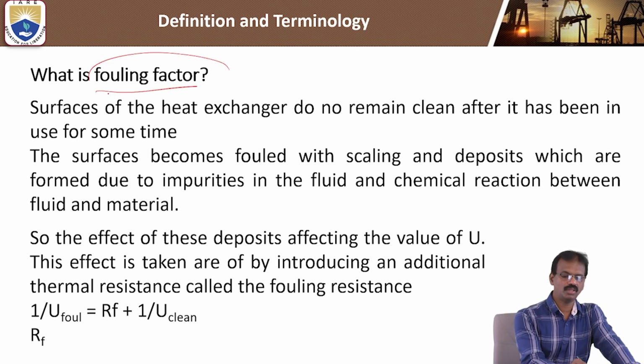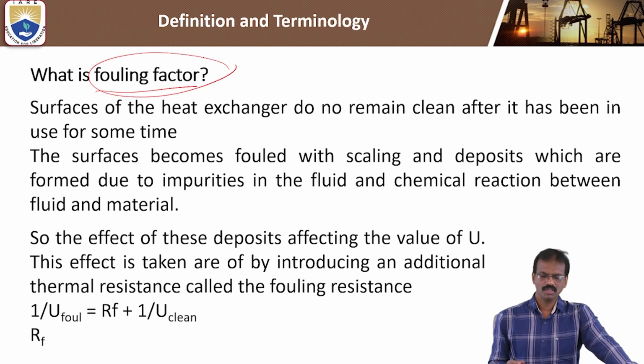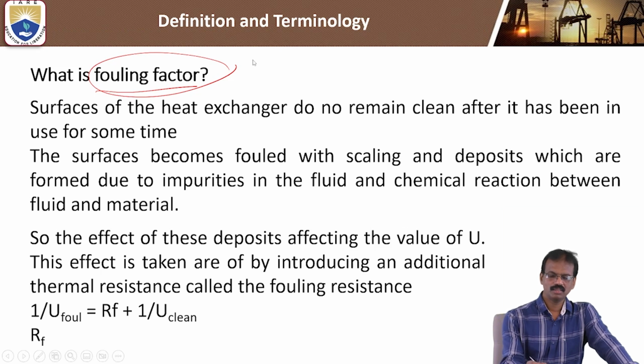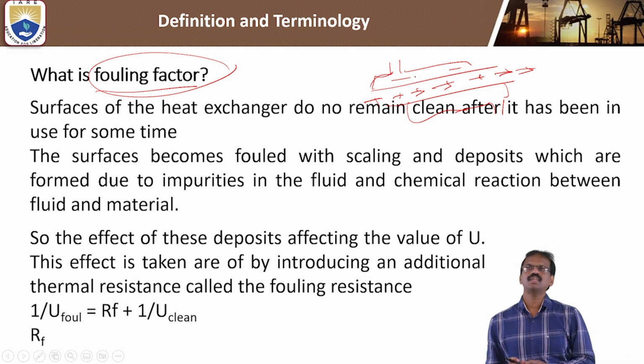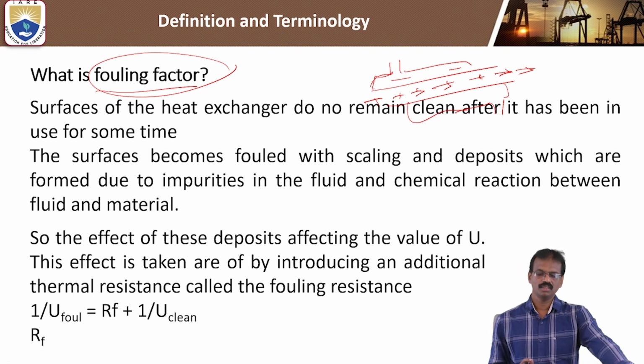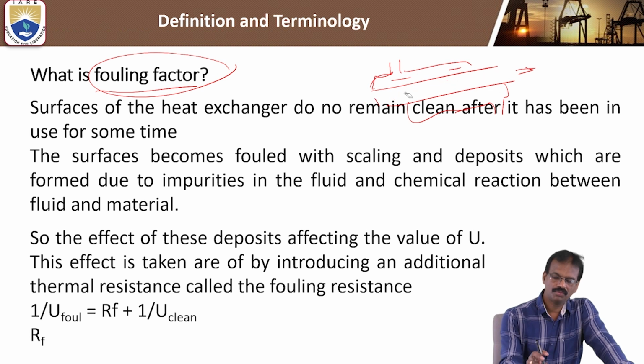This is a very important factor in heat exchangers, because a heat exchanger is just a passing of fluids in pipes to transfer heat from the hot fluid to the cold fluid. You know this one. So when the fluid flows in the pipes, it reacts, and some type of scales or sludges forms on the inner surface.